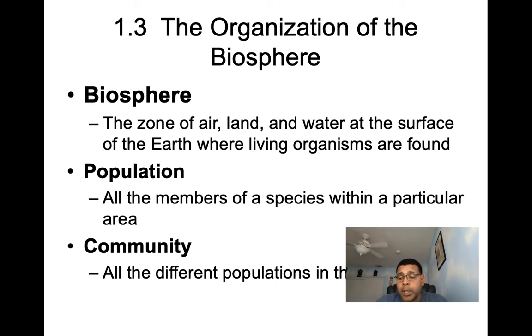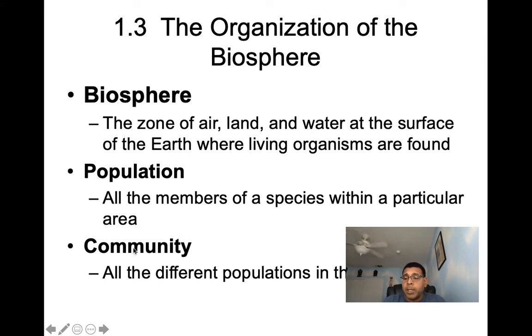And now individual organisms belong to a population. We defined population earlier, and we said a population is basically all the members of a species living in a particular area.